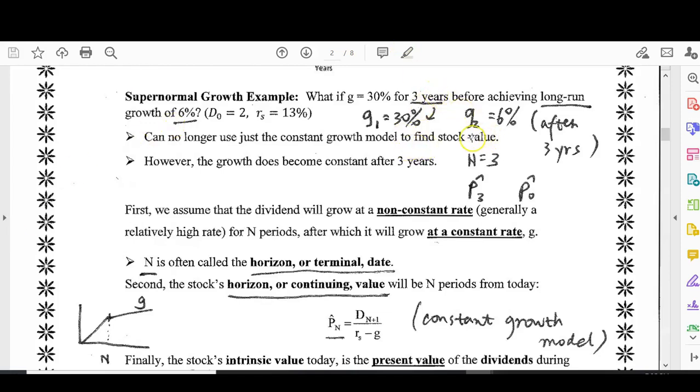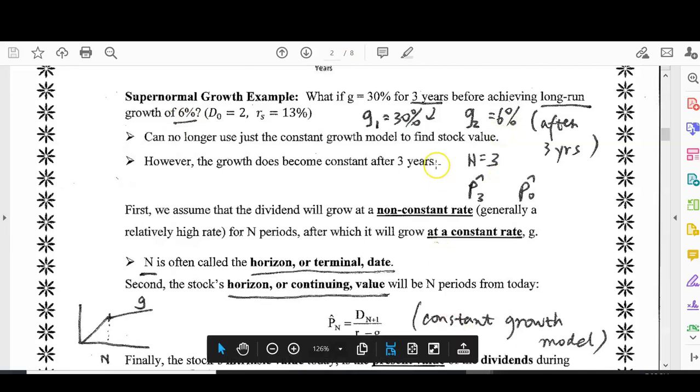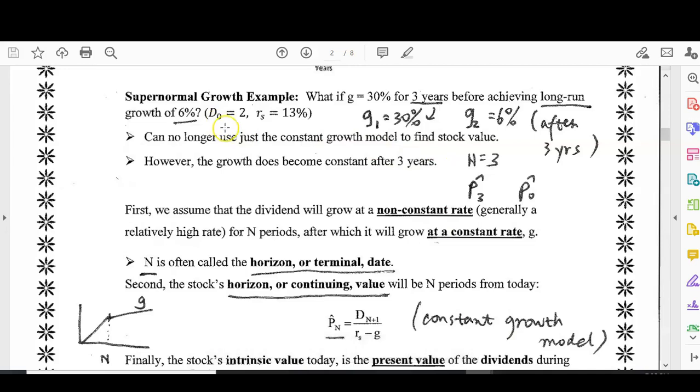In the second stage, G2 equals 6% for all the years after the third year. We also know that D0 equals 2. Okay, the dividend is just given out at the beginning of the first year, and it's $2. Stock return, Rs, is 13%.